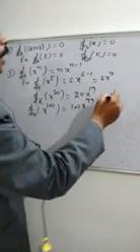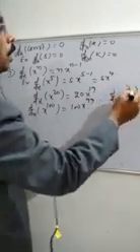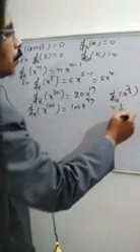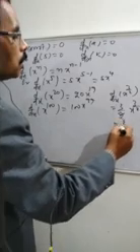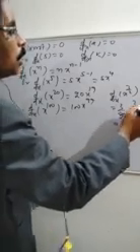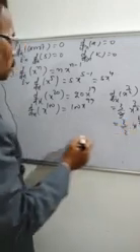Similarly, suppose the derivative of x to the power 3 by 2: it will be 3 by 2 into x to the power 3 by 2 minus 1, that is 3 by 2 x to the power 1 by 2.